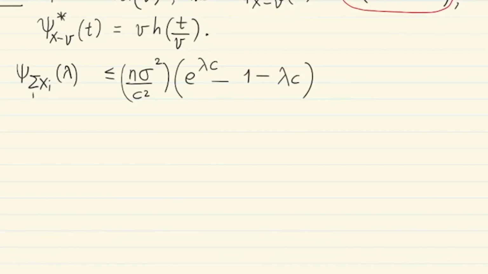Okay, so let's compare this moment generating function for a centered Poisson with this expression which we have obtained for our sum of Xi's.